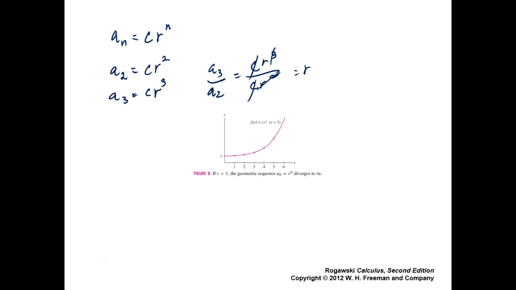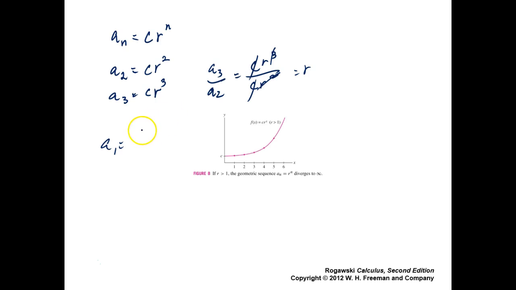That number R is called the common ratio. Ratio, R. So they give us one. R is equal to 3 and C is equal to 2. So A sub 1 would be, what did I say C was? 2?